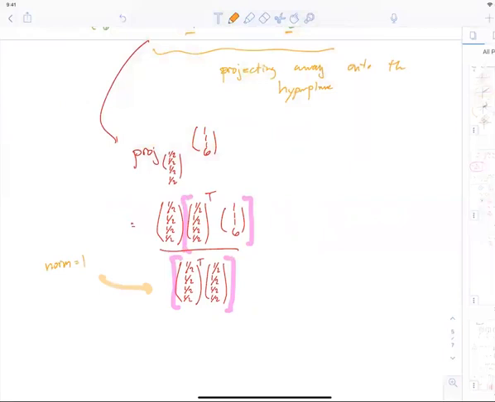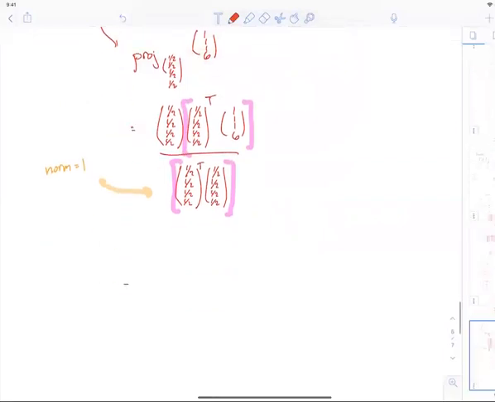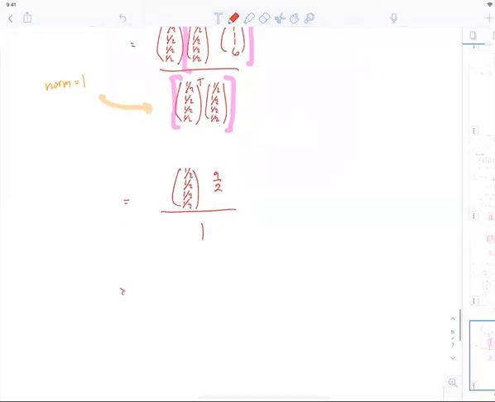And on top, we're going to get 9 halves. So we end up with 9 halves times 1 half, 1 half, 1 half, and 1 half, and divided by 1. So altogether, we end up with a vector that's just all 9/4. So that's part of what we're going to subtract away.